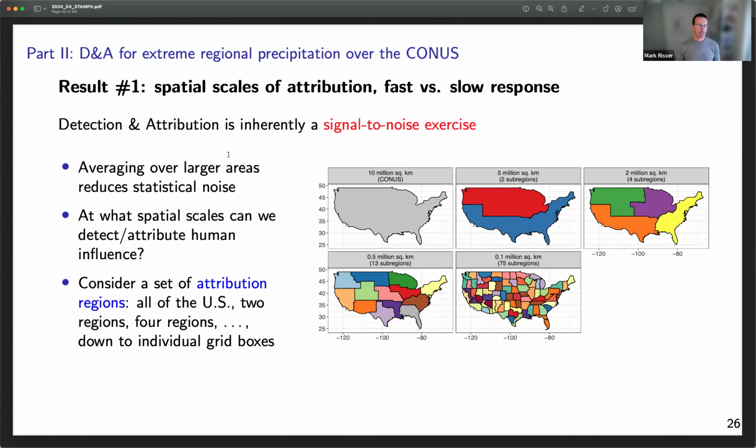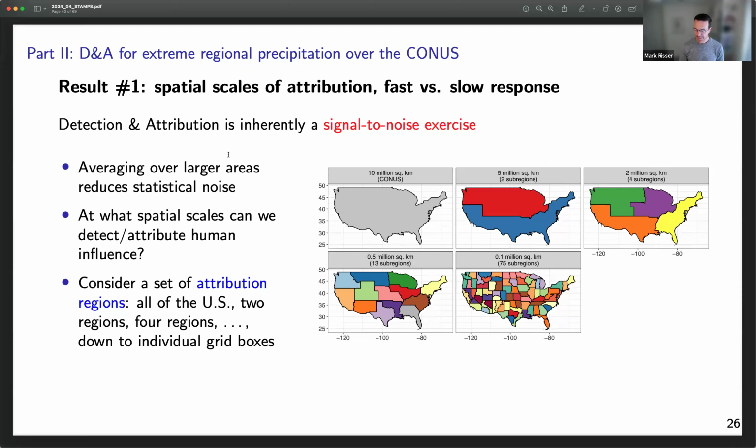Okay, so the first result has to do with the spatial scales of attribution. As I've hinted at a few times now, detection and attribution is, of course, a signal-to-noise exercise. We try to identify a change to the Earth system, some aspect of the climate system, but then we need to see if that signal is large relative to the noise or the uncertainty.